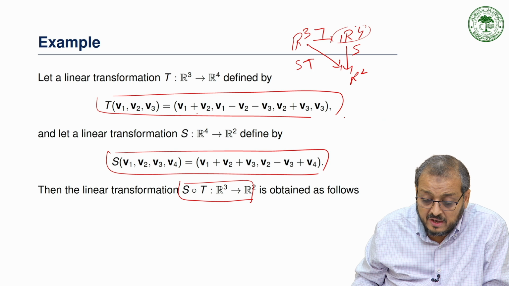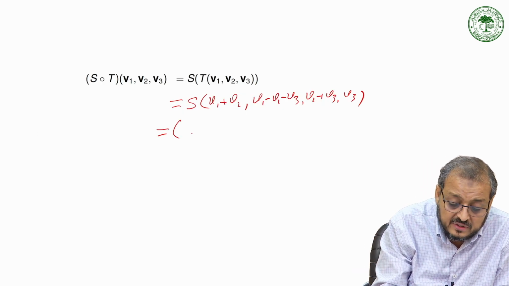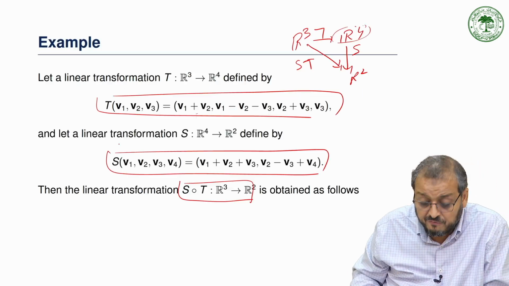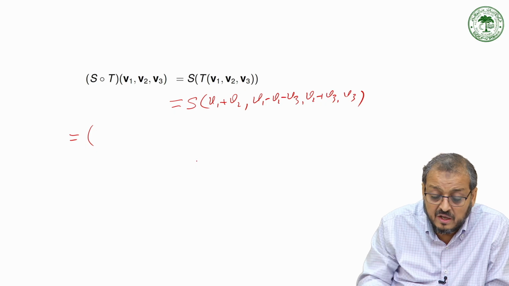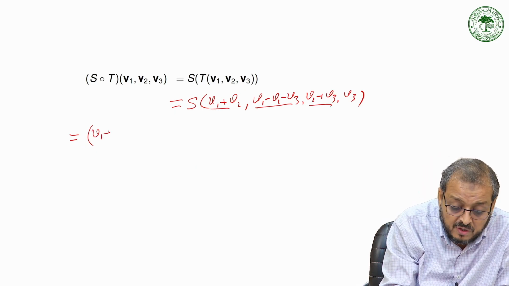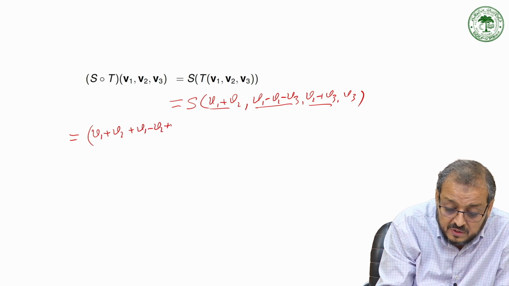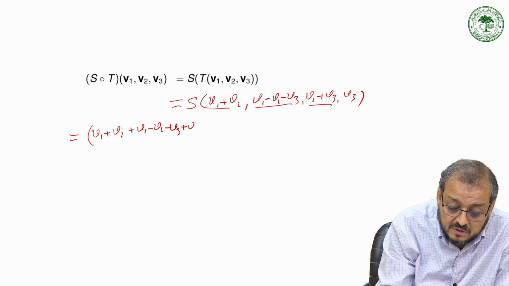Okay, so now S is the same as we can write here, written in the form of V1, V2, V3. So we just say this is V1, this is V2, this is V3. So this is V1 + V2 + V1 - V2 - V3 + V2 + V3.